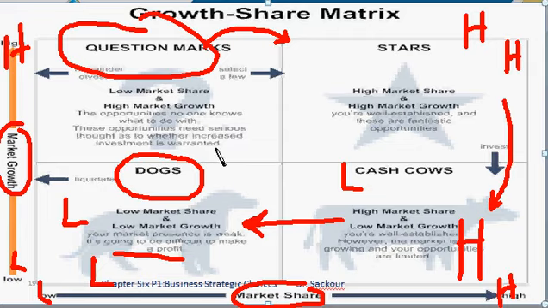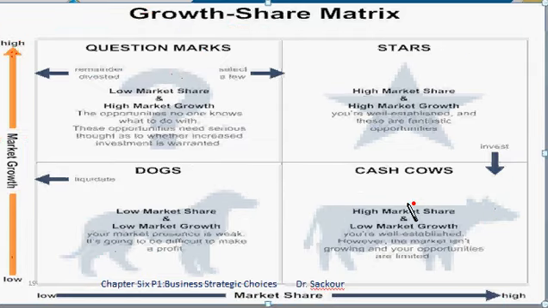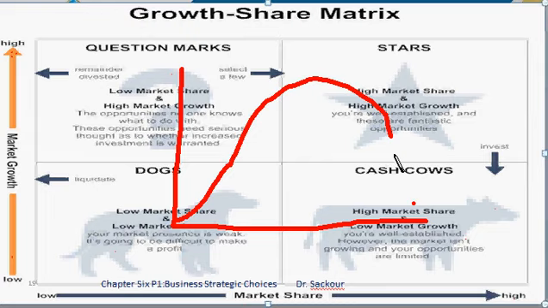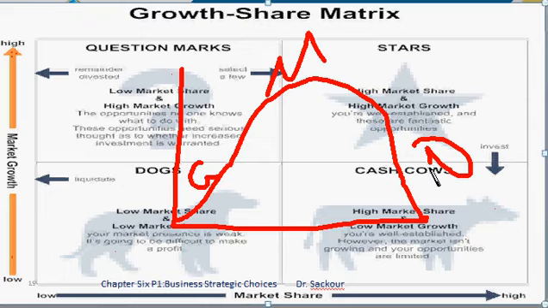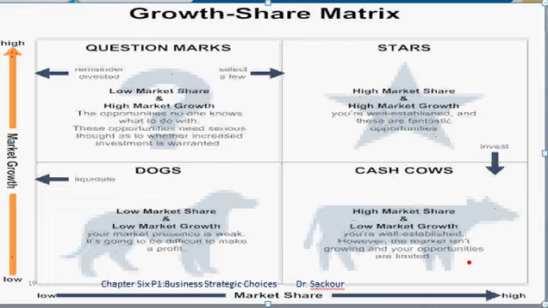This is the product life cycle, starting from introduction, growth, maturity, and decline. Get it?